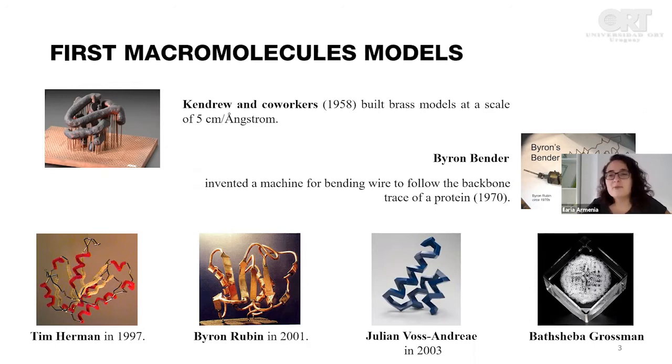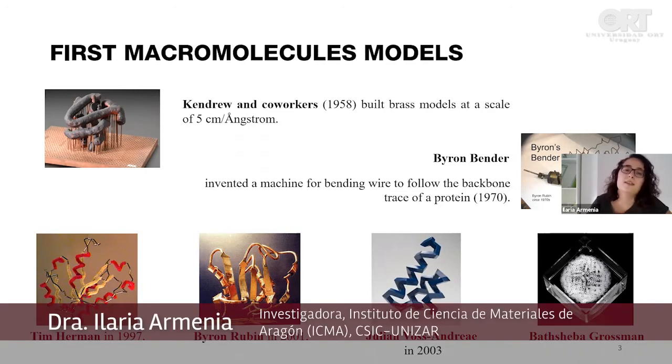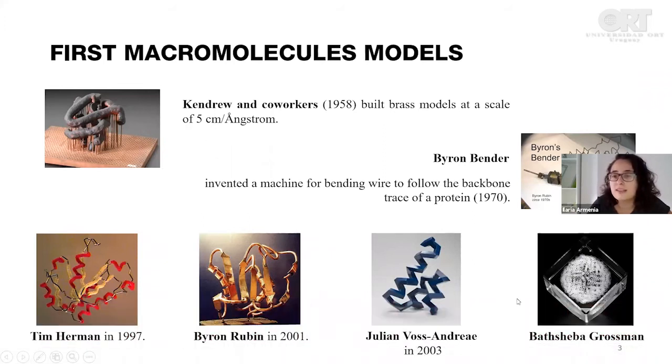And then, starting from 1970 and going on, the computer programs and computer power increased. So using a computer, it was easier in the lab. And the physical model, physical in the sense of a material model, went from something useful to visualize the protein to something that is art. Julian Voss-Andreae prepared this, a structure of a protein actually, and it's art. It was in a gallery.